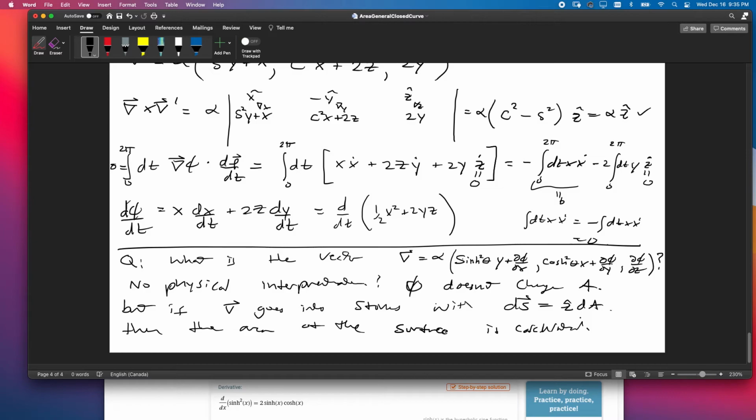So v is the vector that gives you the area of the surface. But there are an infinite number of v's that give you the area, so it's not unique.